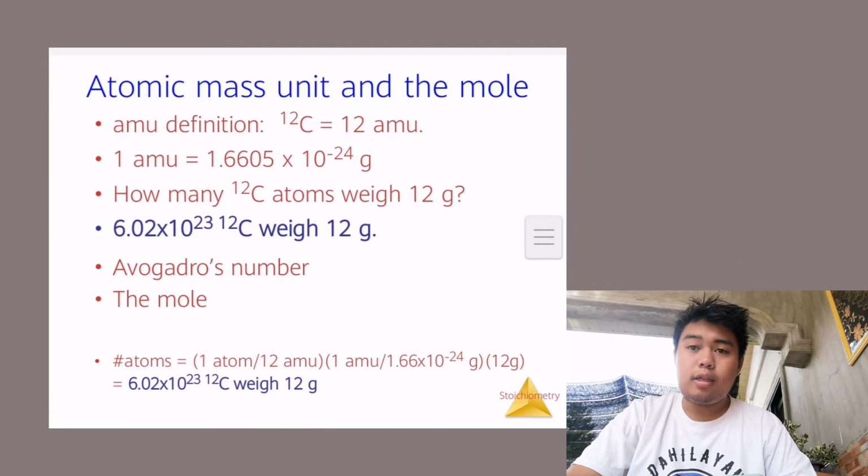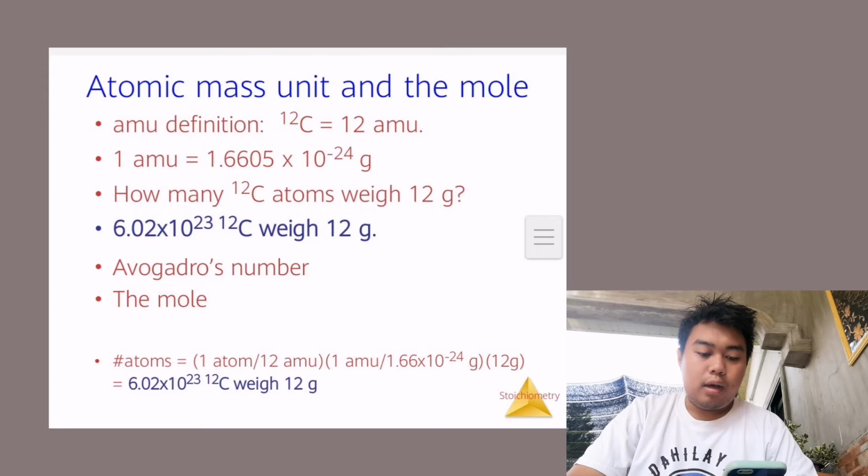Atomic mass unit and the mole. First, amu definition: carbon-12 equals 12 amu. Second, 1 amu equals 1.6605 times 10 to the minus 24 grams. How many carbon-12 atoms weigh 12 grams? 6.02 times 10 to the 23rd carbon atoms weigh 12 grams.